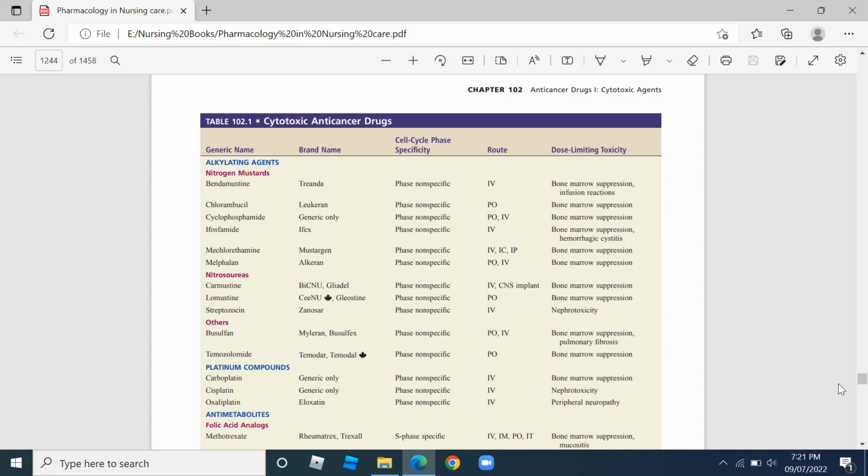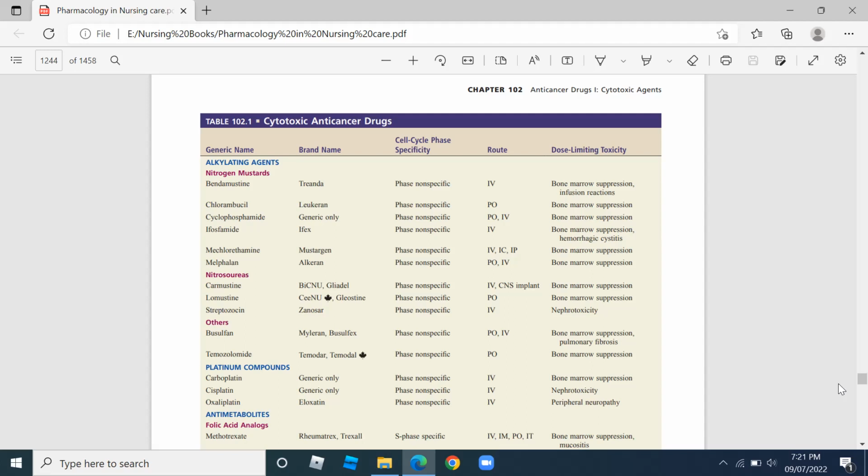The dose limiting toxicity you can see here in the table. In the alkylating agents, the infusion reactions related to bendamustine, other than bone marrow suppression, will be the dose limiting toxicity, while in case of ifosfamide, hemorrhagic cystitis is also related as an adverse effect.